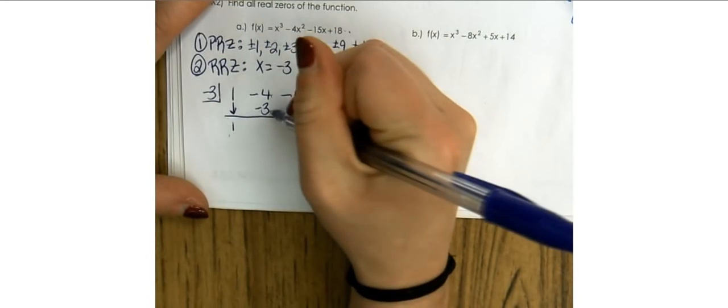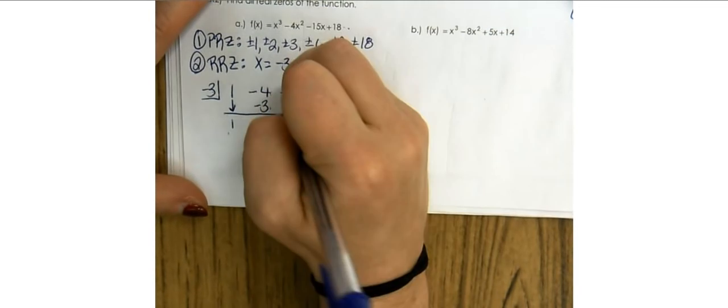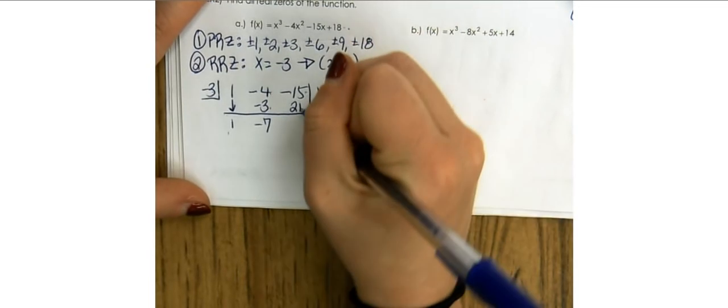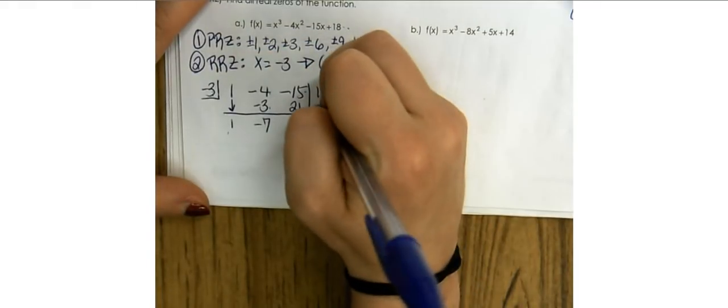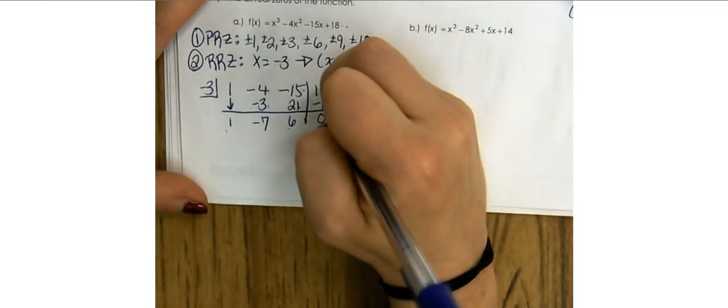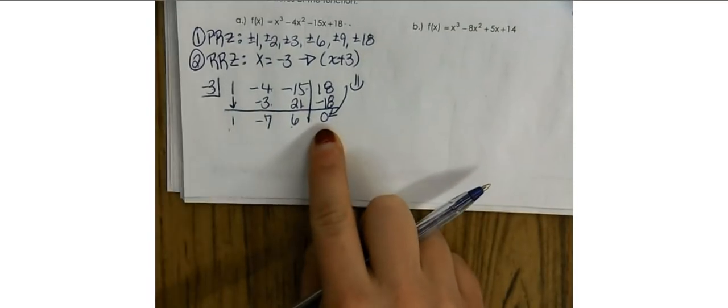I'm going to bring down the 1, and -3 times 1 is -3. -4 minus 3 is -7. -3 times -7 is 21. -15 plus 21 is 6. -3 times 6 is -18. And 18 minus 18 is 0, which is awesome. That means that I identified a rational zero correctly because I ended up with a remainder of 0.